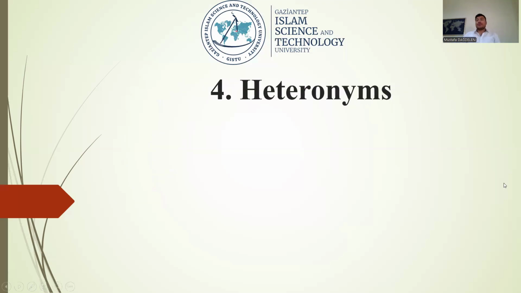Let's continue with heteronyms. Heteronyms are words written in the same way but pronounced differently. Let's see some examples. I have this word, and when it's a noun, it has two syllables, as we have just mentioned. When it's a noun, the first syllable is stressed. When it's a verb, the second one is stressed. So we should pronounce the noun like present.